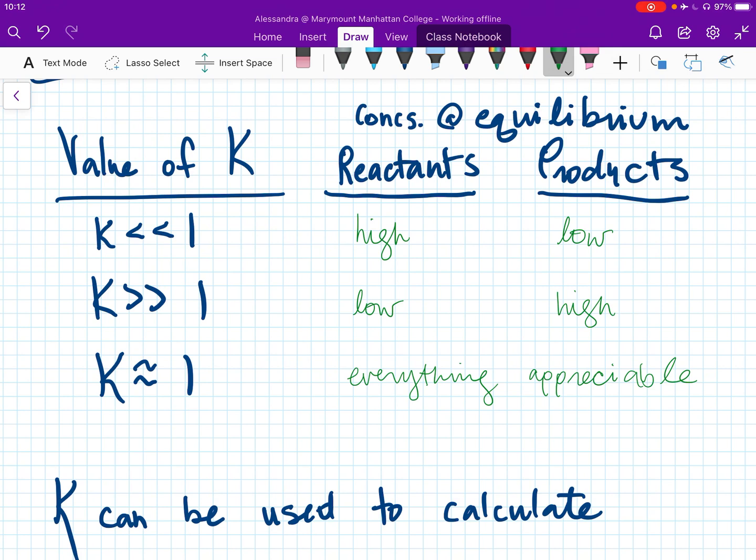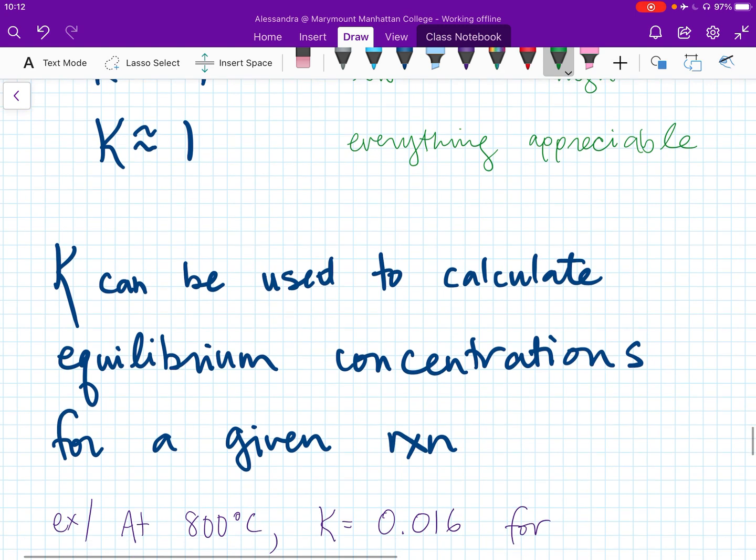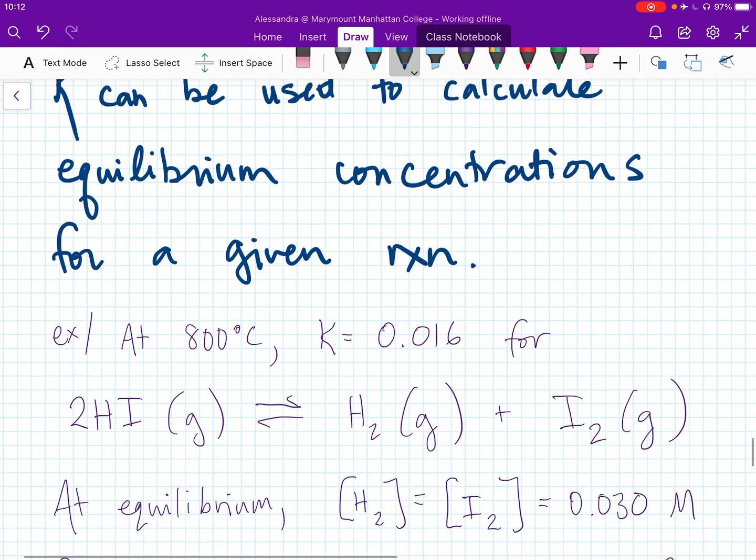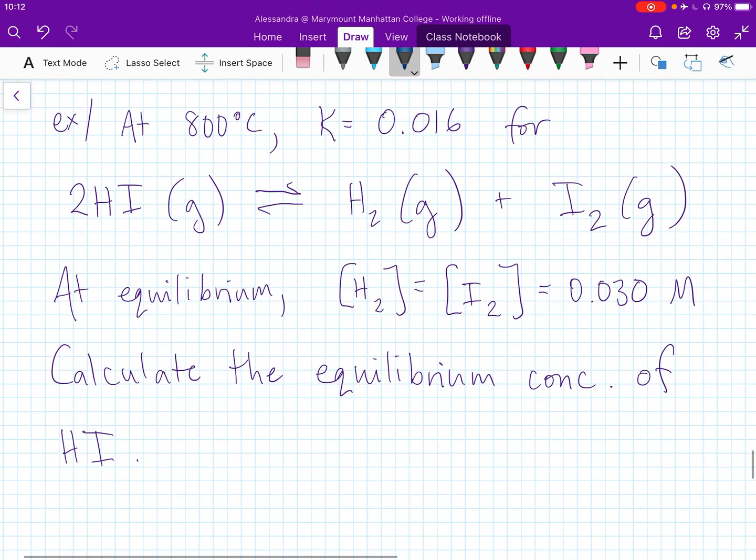Every reaction has its own unique K value, and K is temperature dependent. We can use K to calculate concentrations at equilibrium for all of the species in a reaction. So in this lecture I want to do a couple of examples where we put K to use for calculating equilibrium concentrations. Here's the first example.